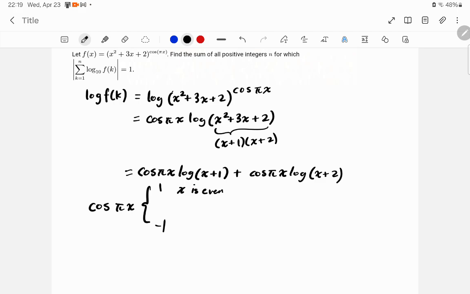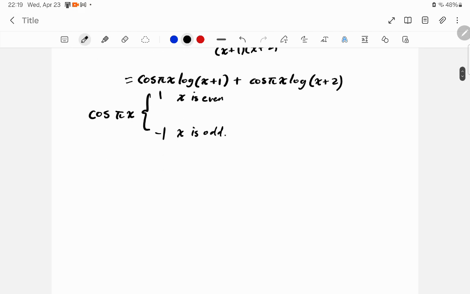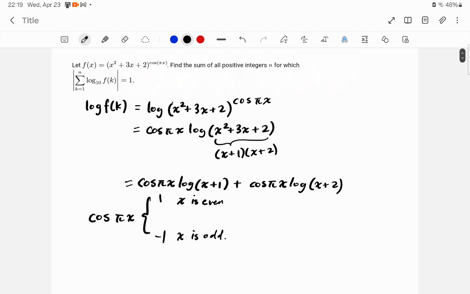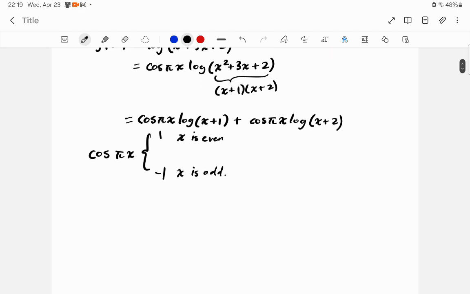So cosine 2 pi, 4 pi, these all evaluate to 1. However, cosine pi x will evaluate to negative 1 if x is odd. So pi, 3 pi, 5 pi, these will all evaluate to negative 1. So you can already start to sense that this could be some sort of sum where the terms start to cancel out. So let's split this into cases.